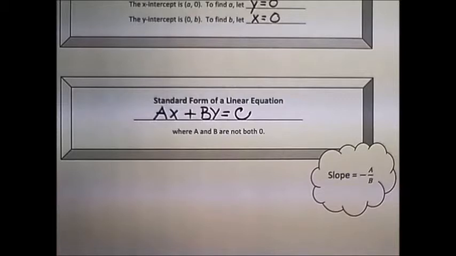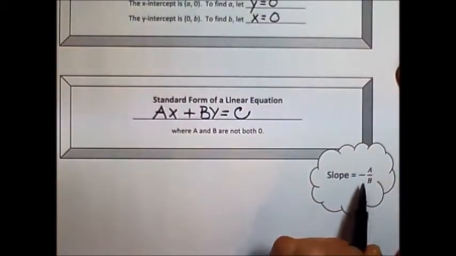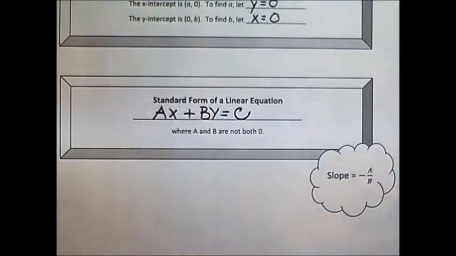We can show that every equation of this form is linear so long as both a and b are not 0. And one little note, if you have an equation in standard form, ax plus by equals c, the slope is equal to the ratio a over b times negative 1. In other words, the opposite of a over b.